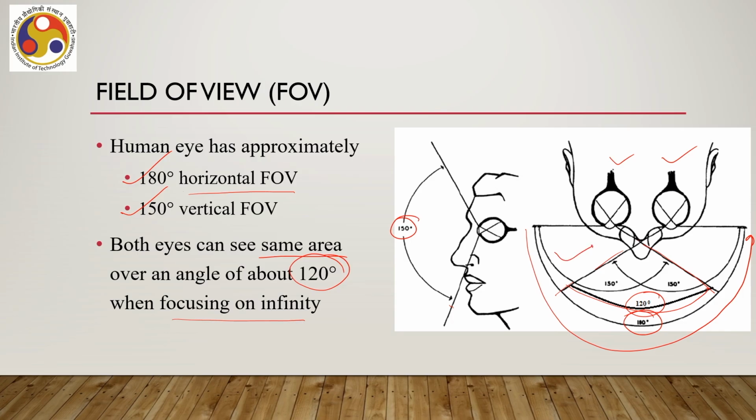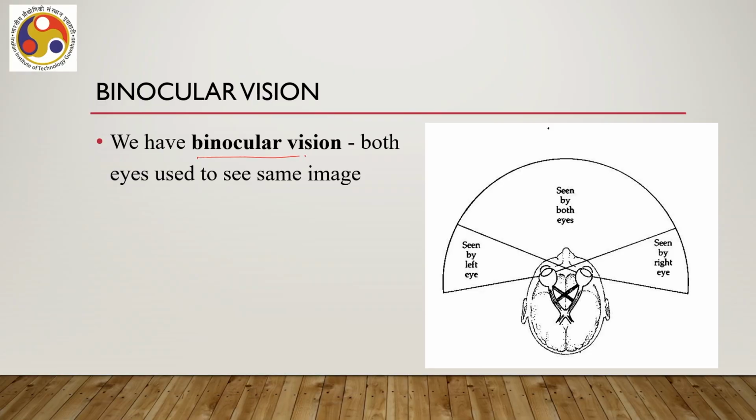Otherwise, outside this region, this part is seen only by the left eye, and this part is seen only by the right eye. So, this is called binocular vision. In this common 120 degree area, both the eyes are used to see the same image. Outside this region, some part is seen only by the left eye, whereas some other part is seen only by the right eye.